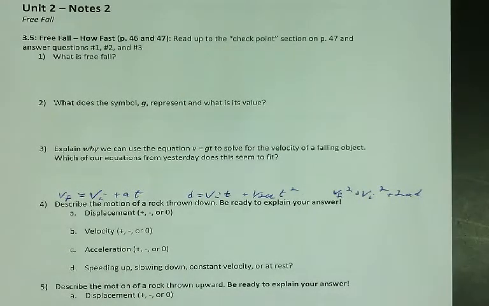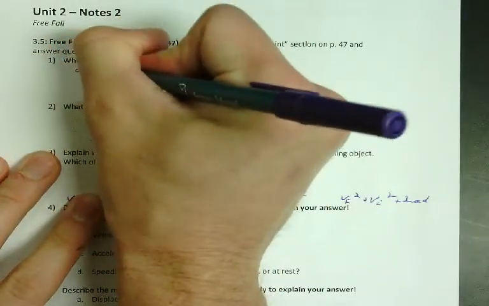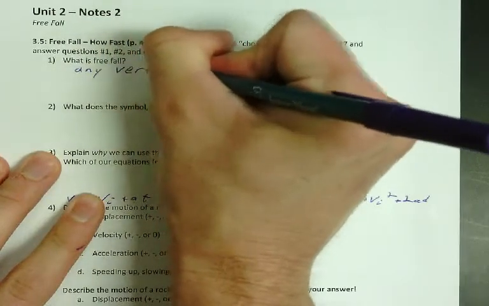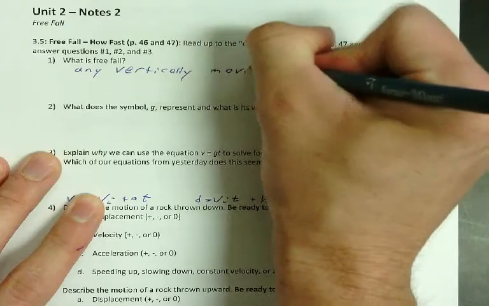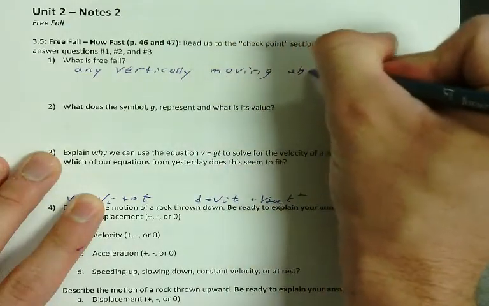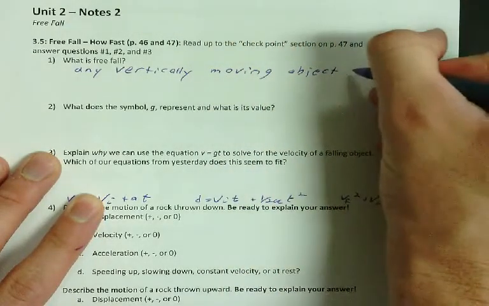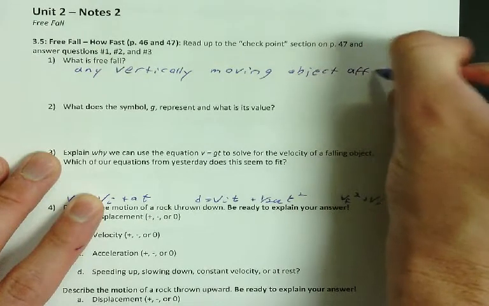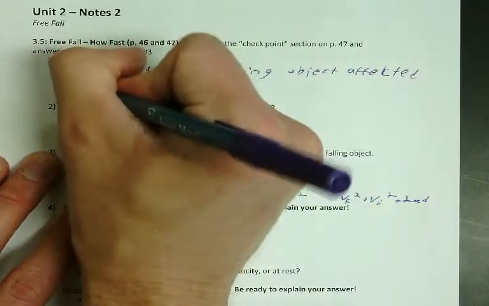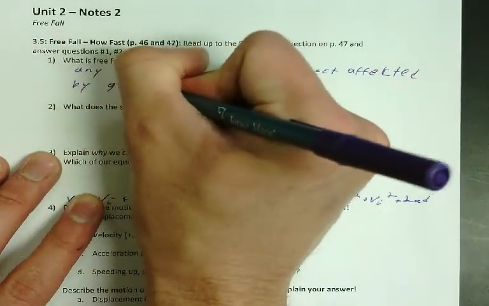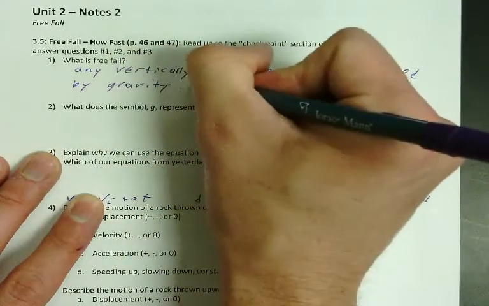Good. I'm going to modify your words only slightly. So you said a falling object. I'm going to say any vertically moving object affected by gravity and nothing else.